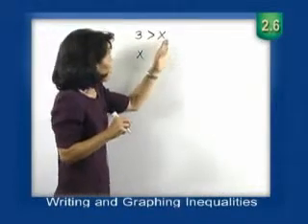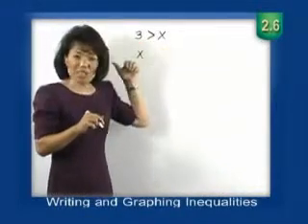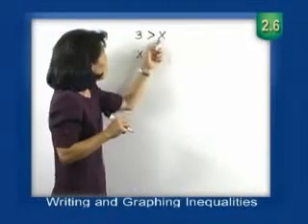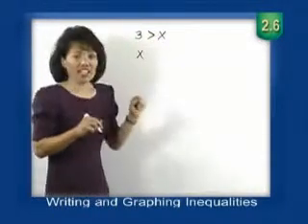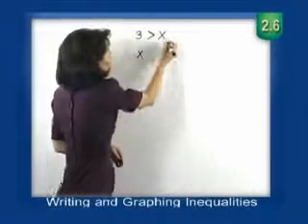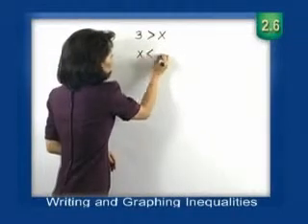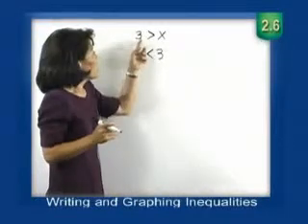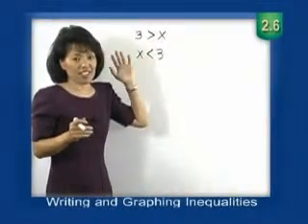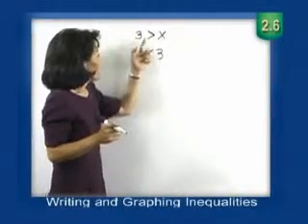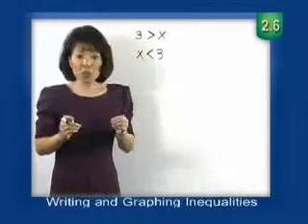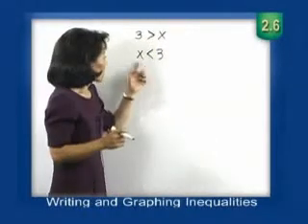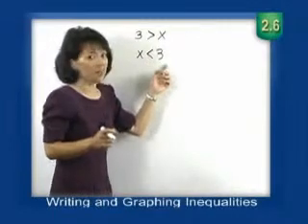If we start from the right hand side and read towards the left, this looks like a less than sign, and that's exactly what it is. x is less than 3 is the same as 3 bigger than x. Just think about that. 3 bigger than x is equivalent to x less than 3.